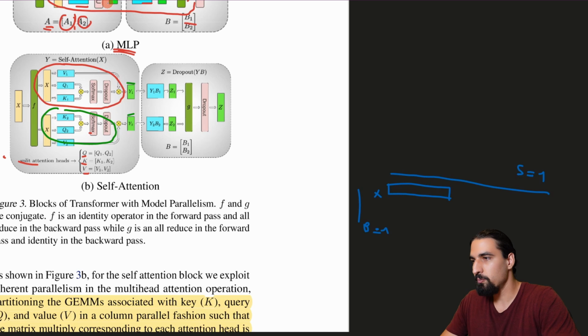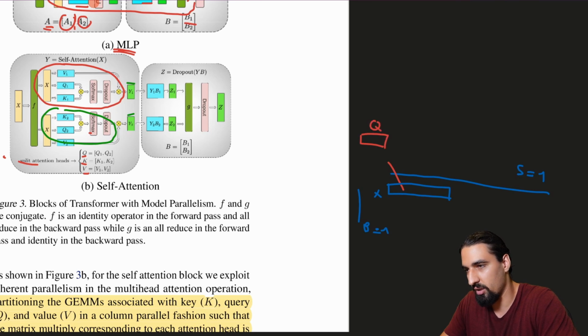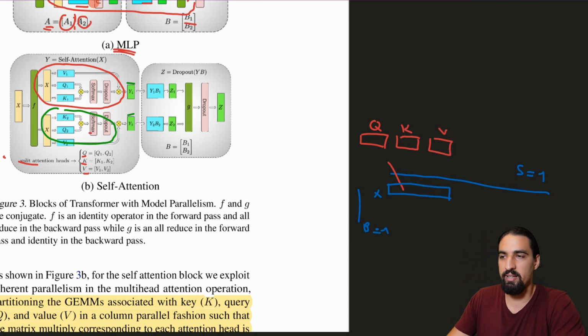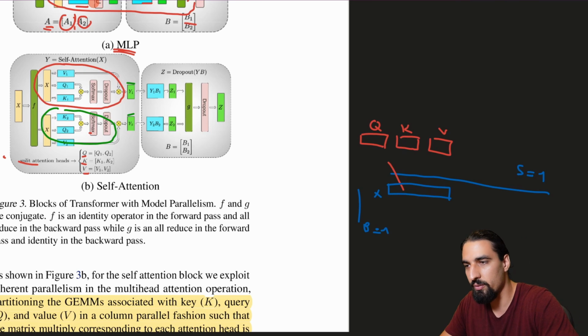What we do is map it using the key, query, and value. The first device will map this into, let's say, the query, the key, and the value, and you can see that they have twice smaller dimensionality compared to the input one.